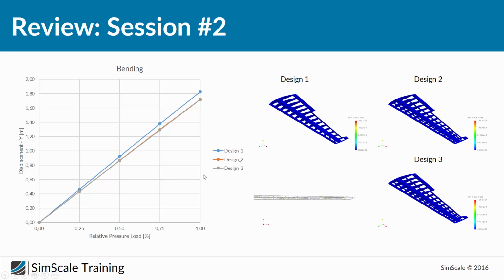Now let's take a look at all the different load states. Here you can see the stress distribution on the 3 designs without any load. For sure it's then 0 everywhere. Here we have the wingtip, and we are looking from this direction.